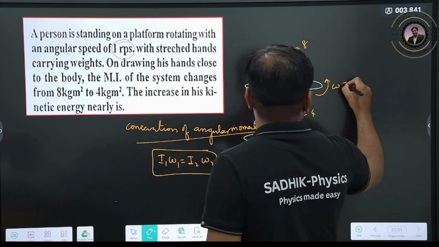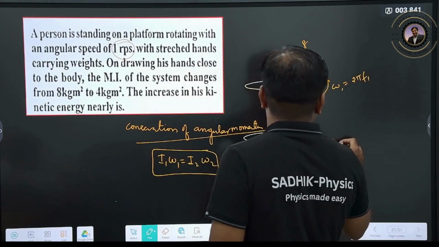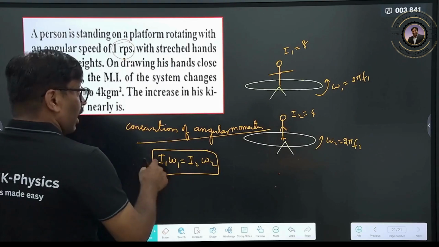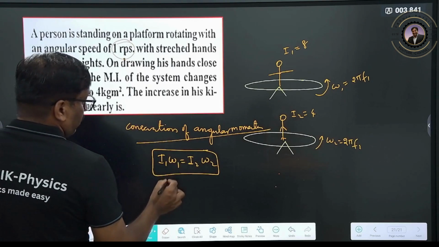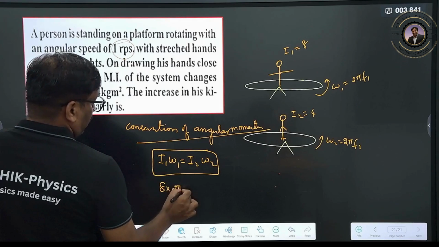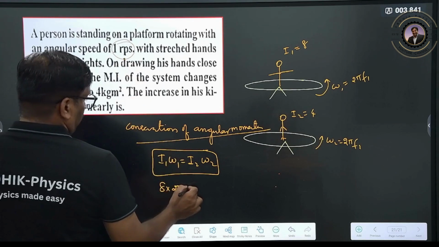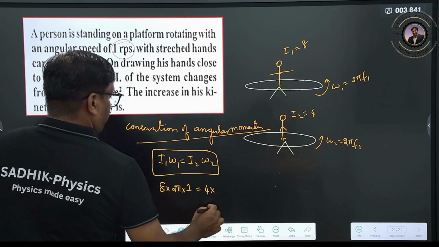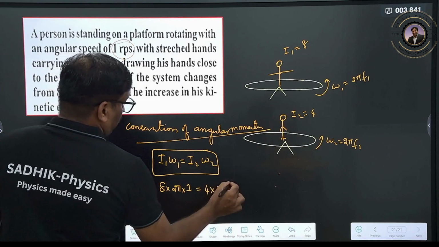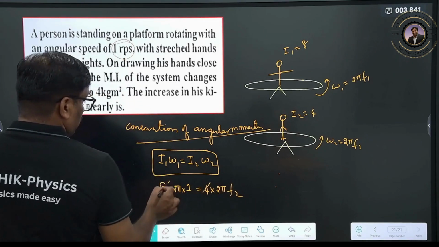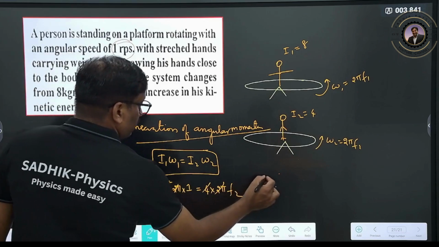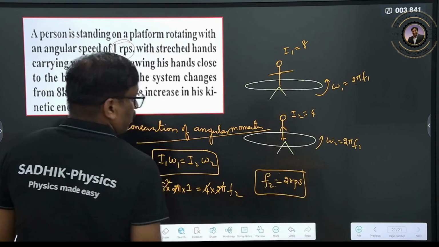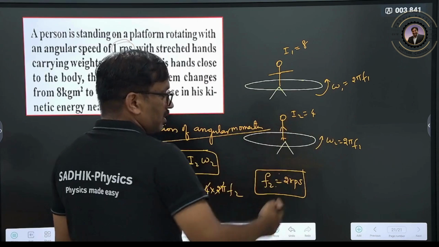Now omega is 2 pi f1, 2 pi f2. I1 is 8 into 2 pi into f1. F1 is how much now? 1 rps. It is 4 into 2 pi into f2. So f2 is 2, so the frequency will become 2 rps, right? So he will be rotating with double speed.